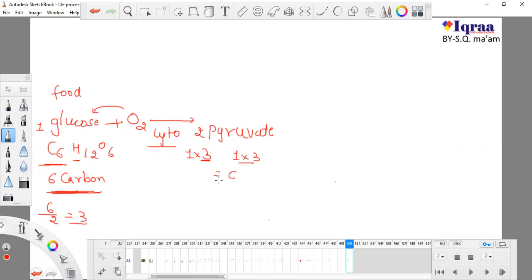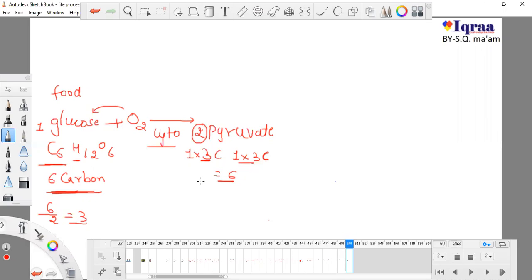The total number is 6, an equal carbon number. The glucose is broken down into these 3 carbon molecules named pyruvate. Two molecules of pyruvate are formed from 1 molecule of glucose.